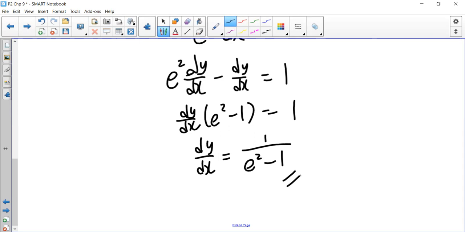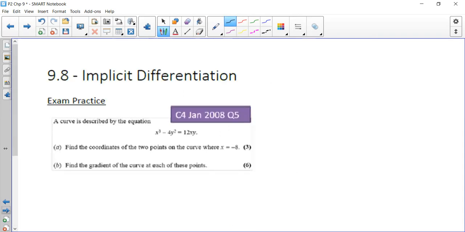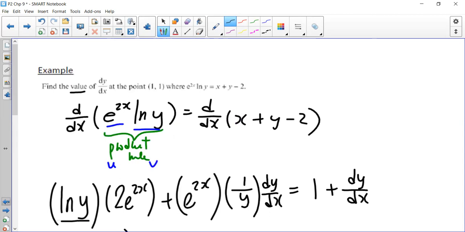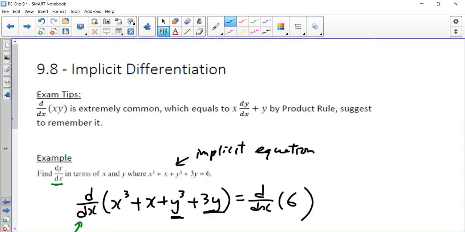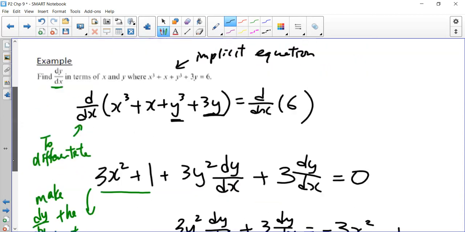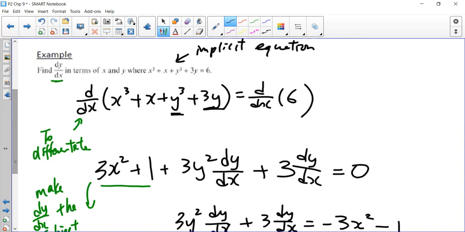If you're happy with this, then before we do the exam practice, let me do a quick recap. To differentiate implicitly, you apply d by dx on both sides. Whenever you are differentiating x, you differentiate normally, no big deal.